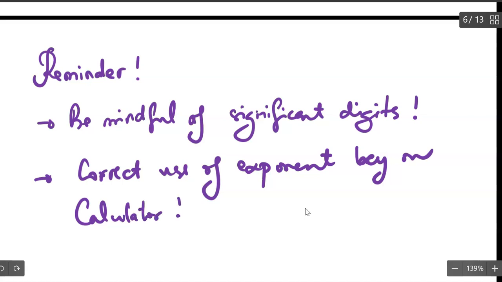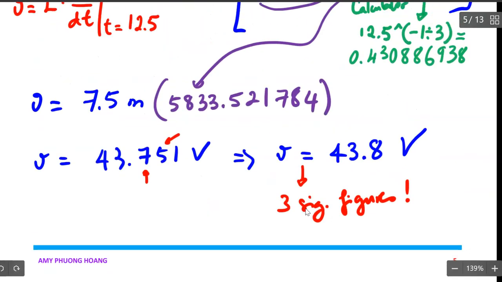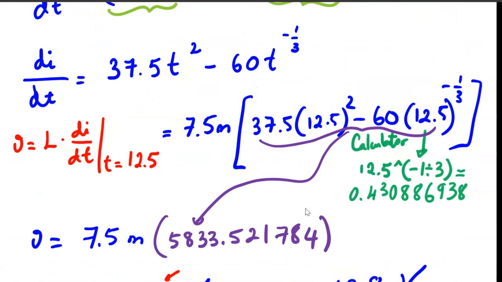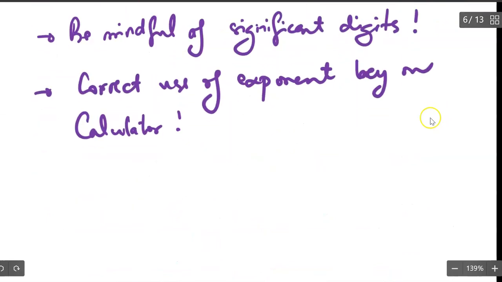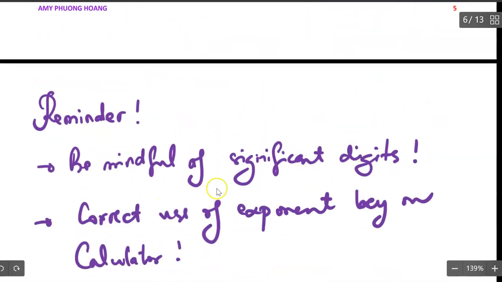The rest of them, I think I already reminded everyone in the previous example. And make sure you know how to work with your calculator, raising a number to a certain negative exponent, and that exponent is a fraction.